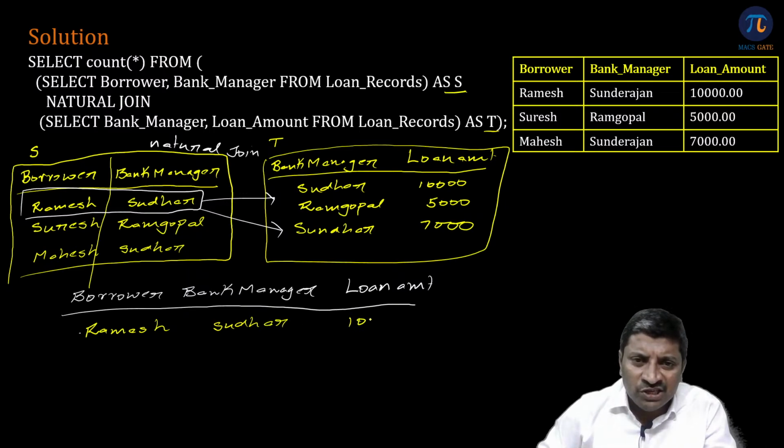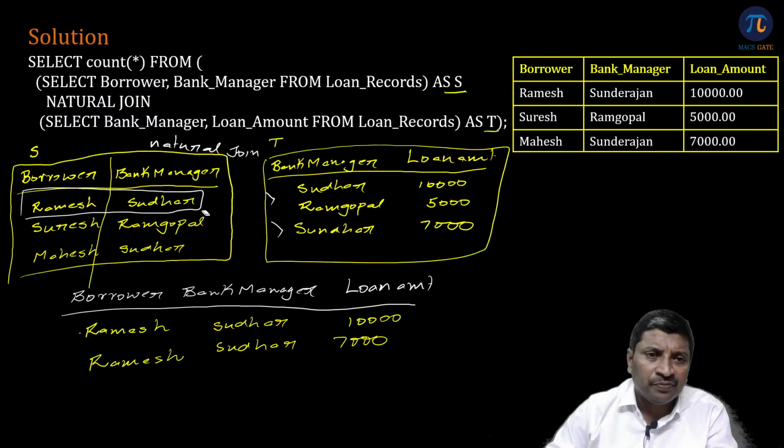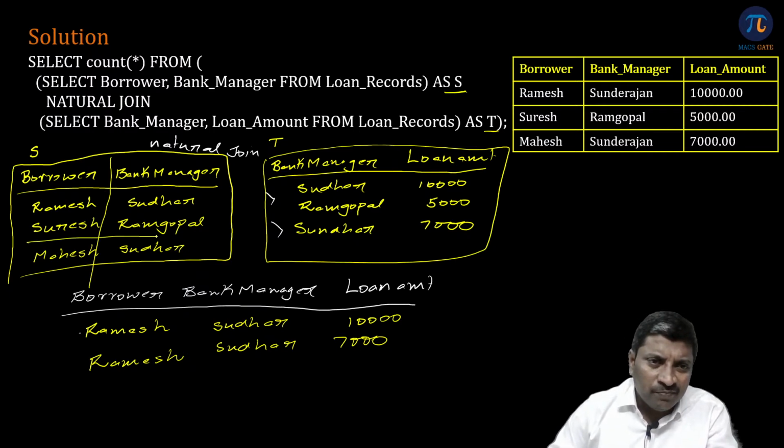For the first time, it is 10,000, sir. For the same Sundar, it will have a match with the third record. It is 7,000. So that is about the first record. Then what about Suresh Ram Gopal, sir?